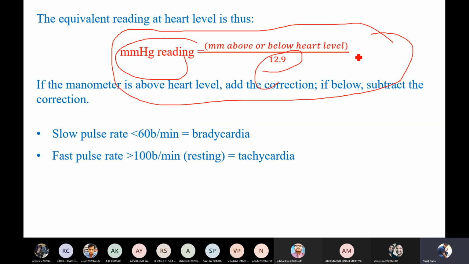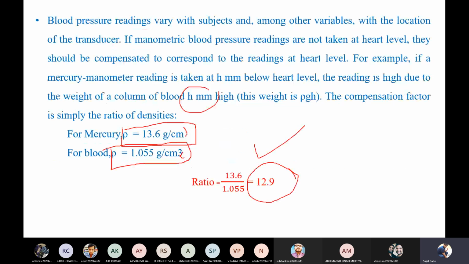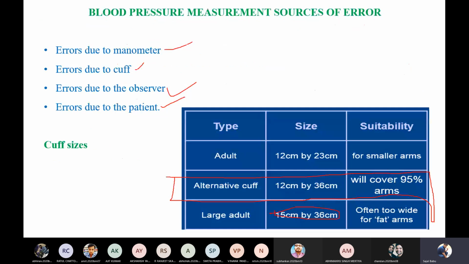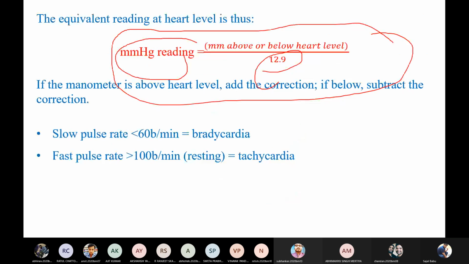If you measured above the heart level, measure the height, divide it by 12.9, and add this correction factor to the systole and diastole readings. This is how we apply the correction factor. Have you understood how this correction factor is obtained?